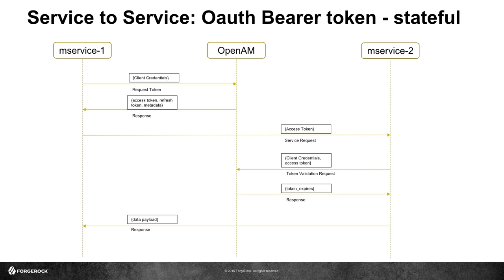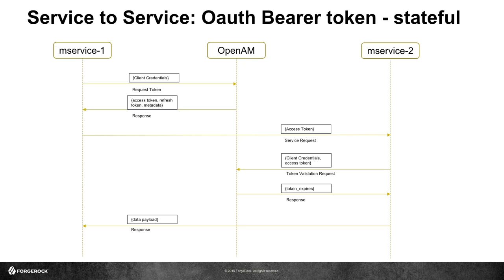So you now have to use their own client credentials to talk back to the authorization server, sending the token they received for validation, and if it's valid, then of course they can act accordingly and send the data payload back. So this is what's happening underneath the covers when you're doing these OAuth calls. It's not always apparent when you're using libraries and things are abstracted from you, but these are the calls that are happening underneath the covers, and these calls aren't free, right? They're all network calls, and they take time.